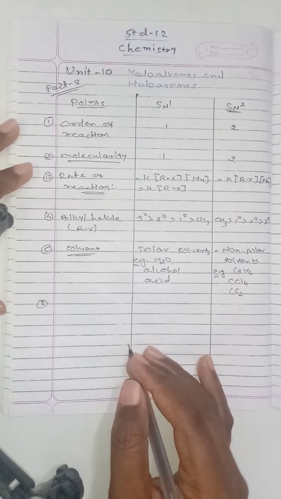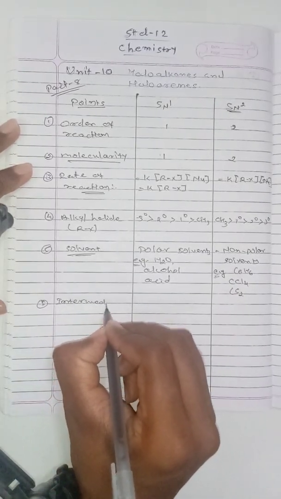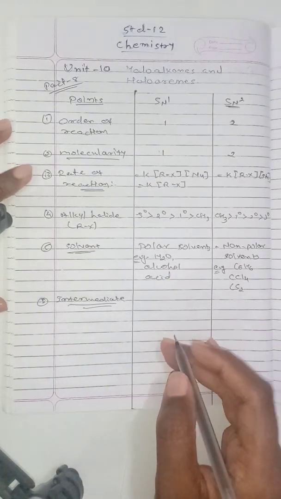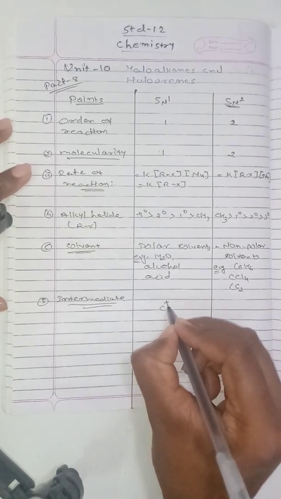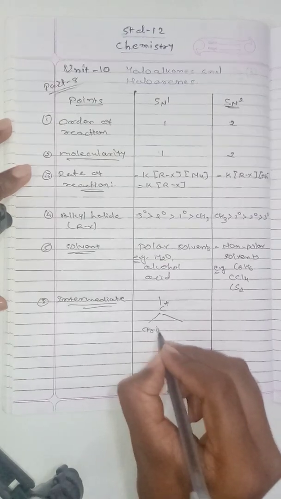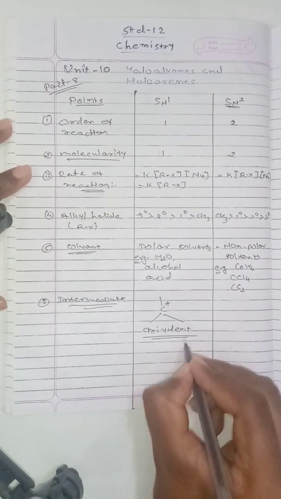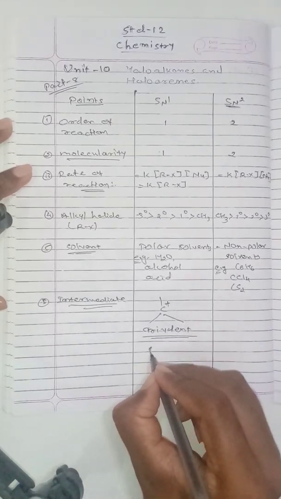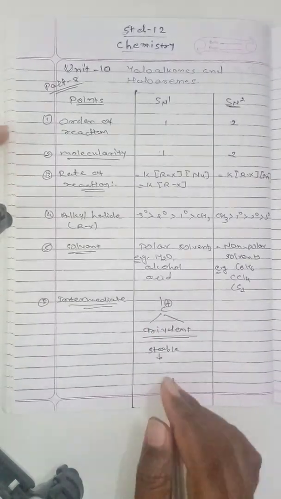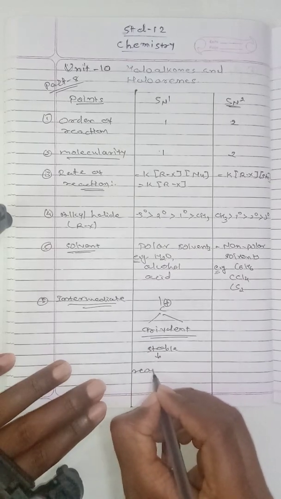Number 6, which type of intermediate is formed? In SN1 reaction, trivalent carbocation is formed, as we have discussed earlier already. This is the stable carbocation and can be rearranged.